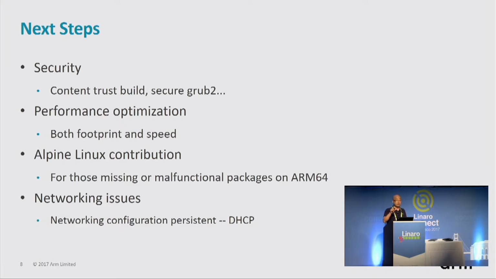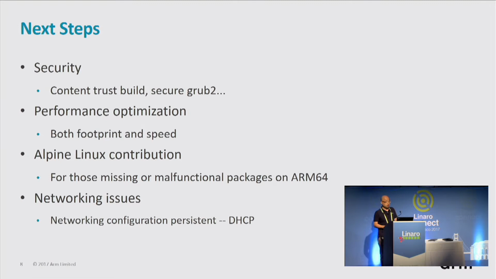We need to make LinuxKit as tiny as possible, and we also want to make the boot speed of LinuxKit very, very fast, compared with a traditional Linux distribution. And the third item is the Alpine Linux distribution, because Alpine is the base image for LinuxKit.